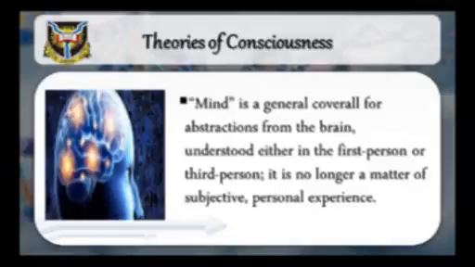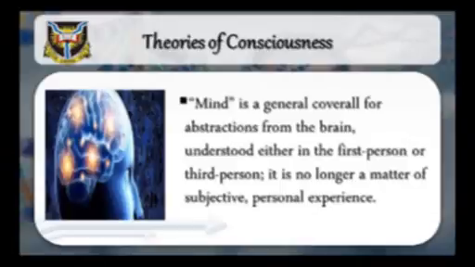To this extent, the word mind is a general catch-all for abstractions from the brain, understood either in the first person or third person. It is no longer a matter of subjective personal experience. This same attitude is applicable to consciousness, though this seems to be less often the case. Meanwhile, it is obvious that the mind is caused by a brain, as your thought is being supported by a pattern of neural activity in your brain.